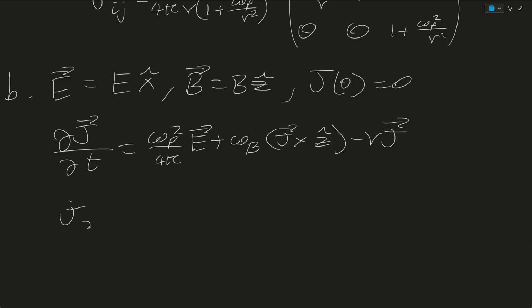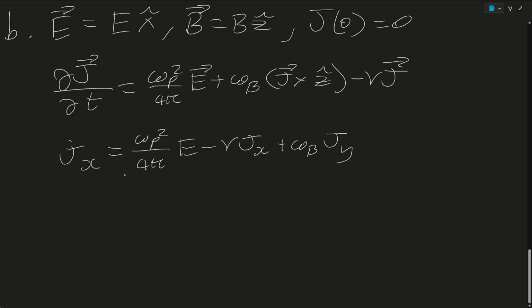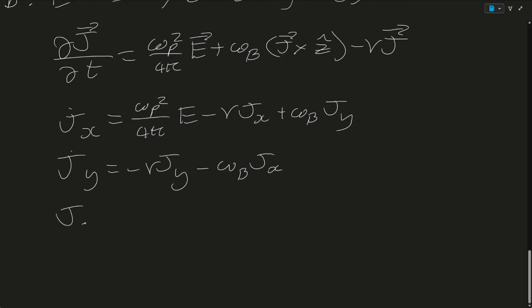So J x dot is omega p squared over 4 pi E minus nu jx plus omega b jy. J y dot is minus nu jy minus omega b jx. Finally, jz dot is minus nu jz.